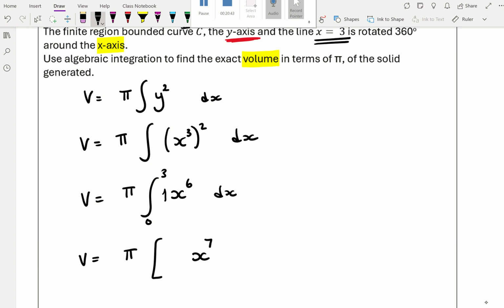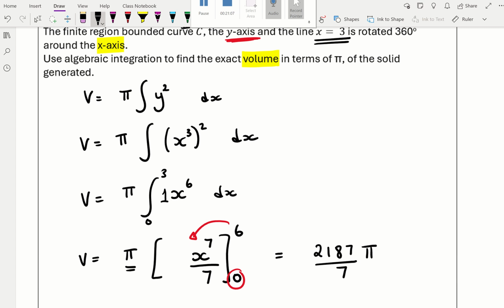Of course, this is 1, so I can write a 7th, or I can write it as a fraction like this. You're going to substitute the 3 only, because the 0 is going to give you a 0. So this is 2187 over 7 times pi. And that is the volume in terms of pi.